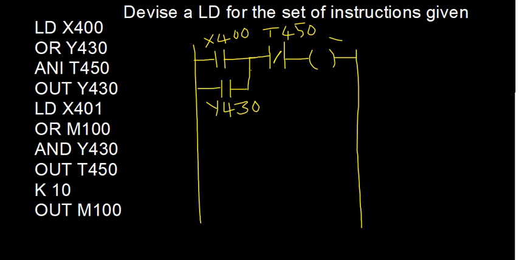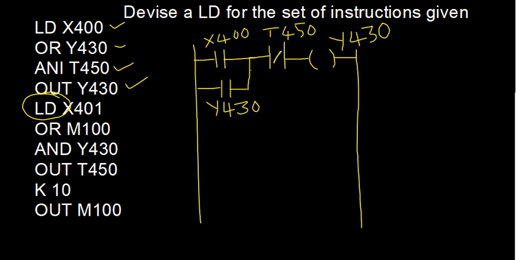So this is my Y 430 here, which is my next element in the first rung. So in this way, the first rung, which has got 1, 2, 3, 4 elements, they are taken care of.